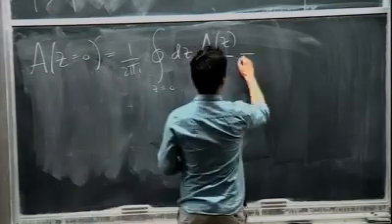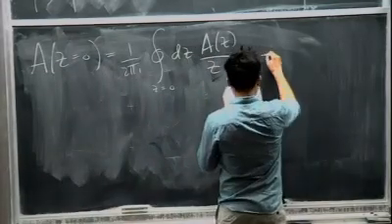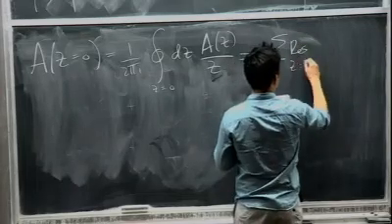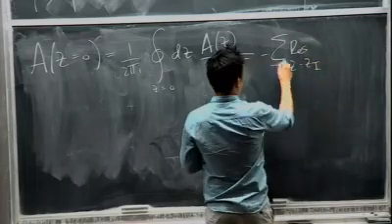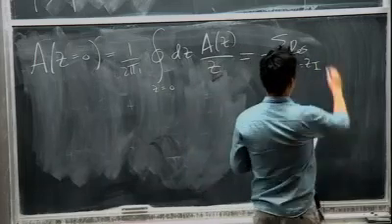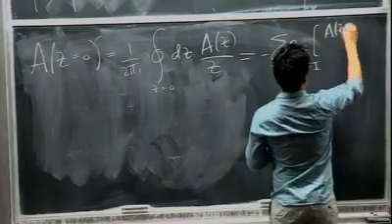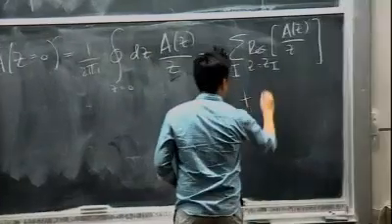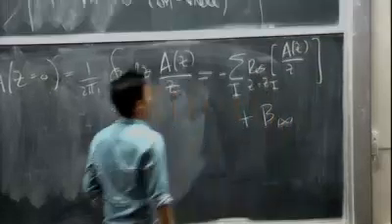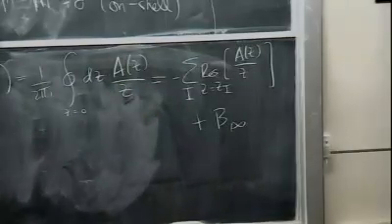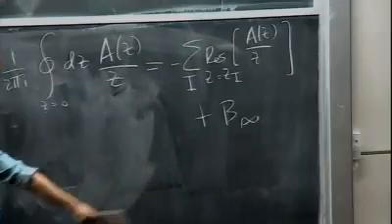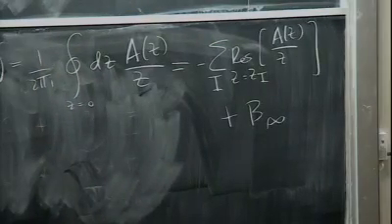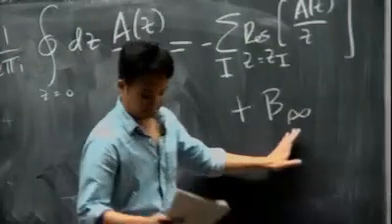Formally, you can write this as the sum of residues, where I is going to sum over all the different residues that exist, of A of z over z, plus, and this will actually be important, a boundary term at infinity. If I take this contour at 0 and blow it up, I'll pick up all the poles in the bulk z-plane, and then there's some giant arc at infinity that, in principle, we have to worry about.